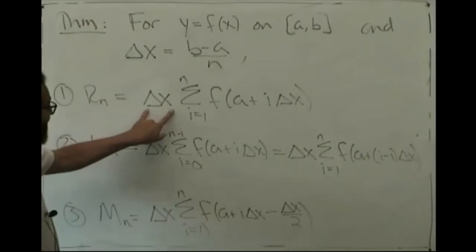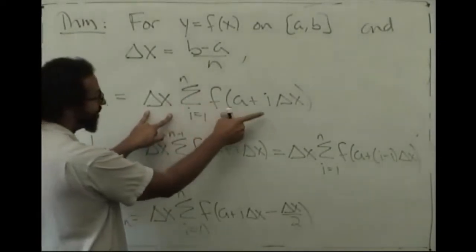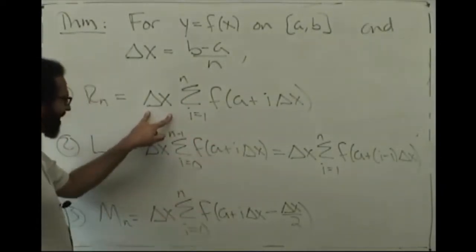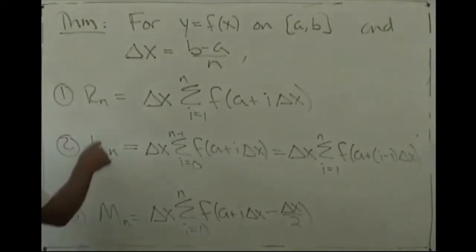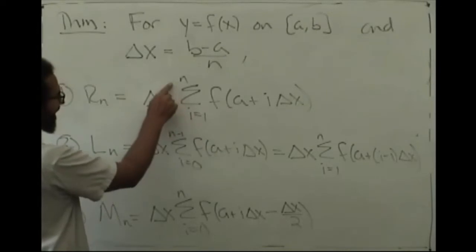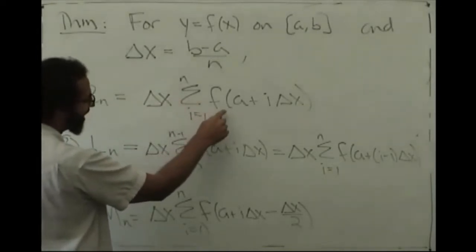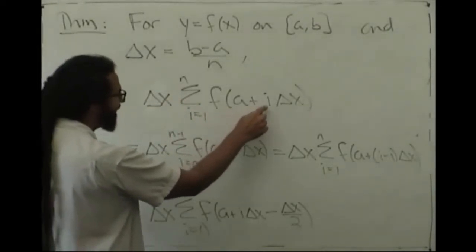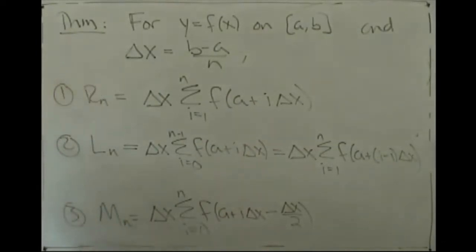So I've got the width, and then I want to add up all of the heights of the rectangles. So in this case, the right endpoint approximation, we go from i equals 1 to n, and the heights are given by f of a plus i times delta x.